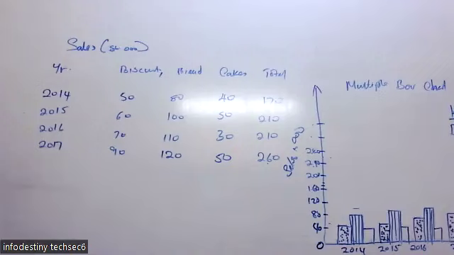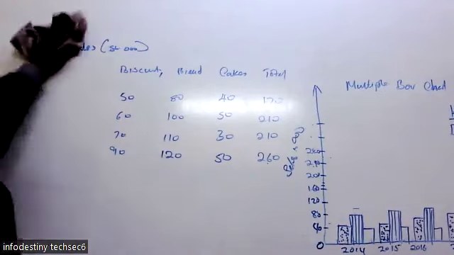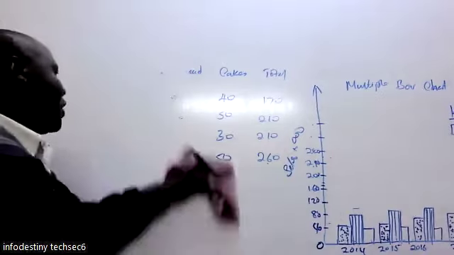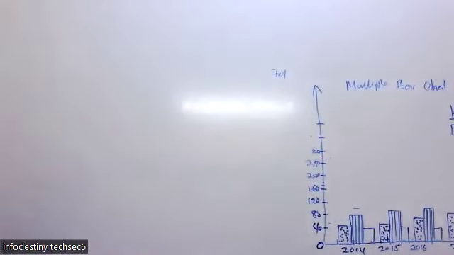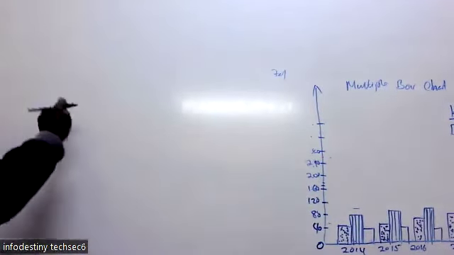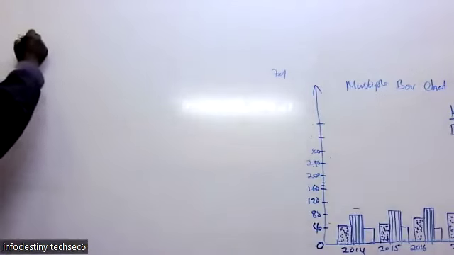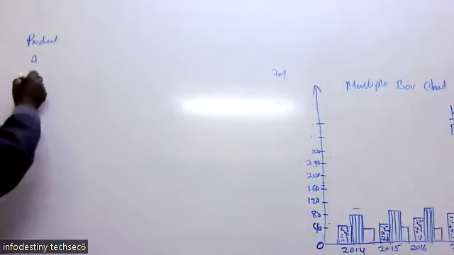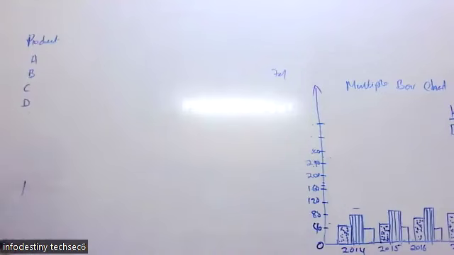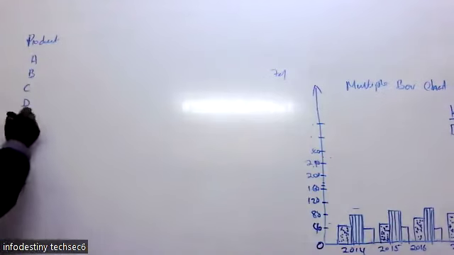From the following information, construct a pie chart. So we have the product here: A, B, C, D. Then you have the total.